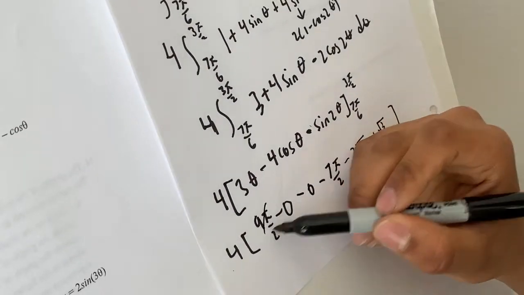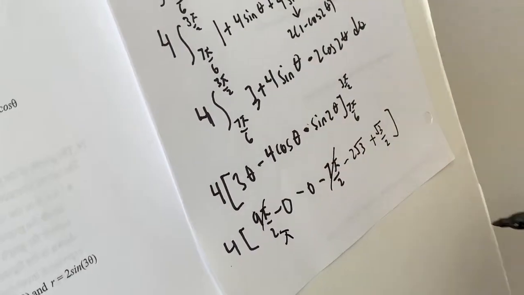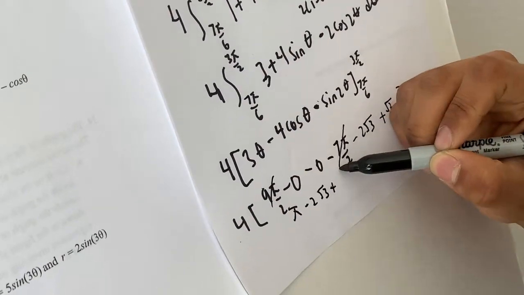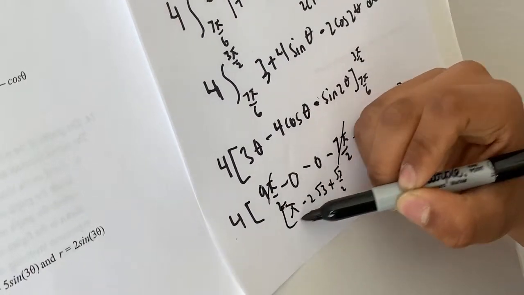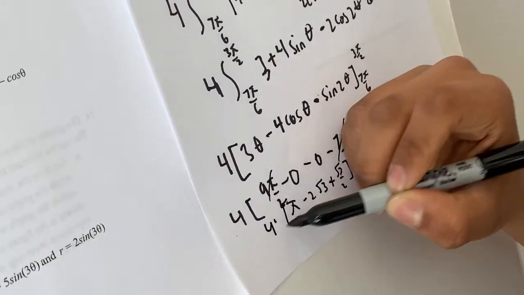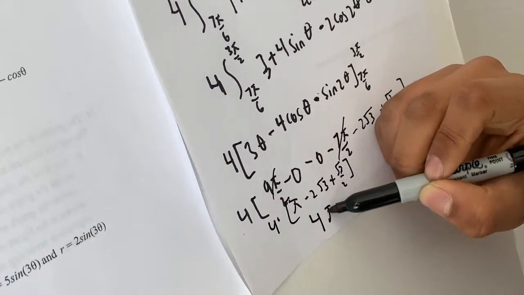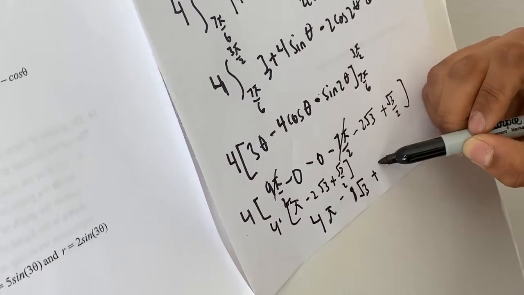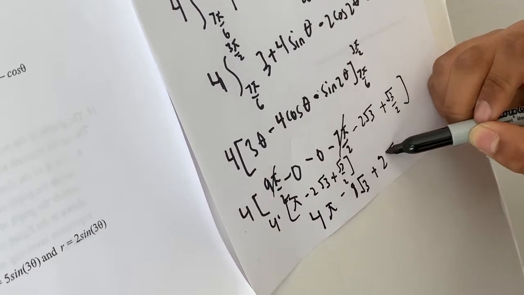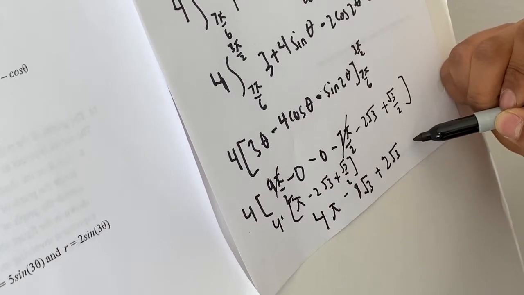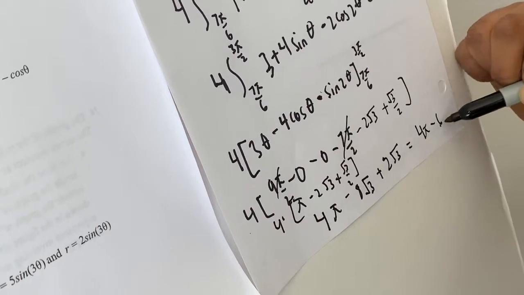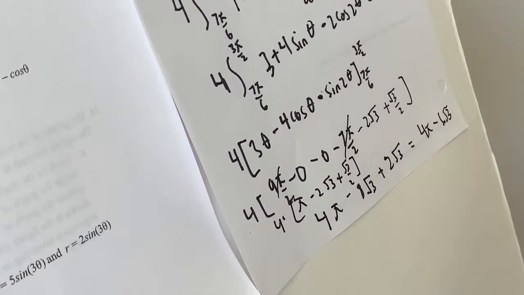Let's add up like terms first, so cancel out these pi. Then, minus 2 root 3 plus root 3 over 2, all multiplied by 4, so the final answer is going to be 4 pi minus 8 root 3 plus 2 root 3, which equals 4 pi minus 6 root 3.